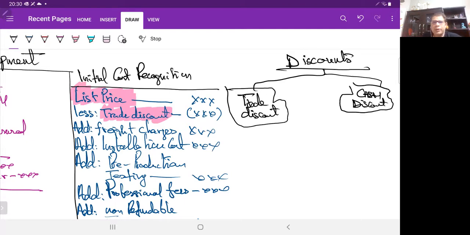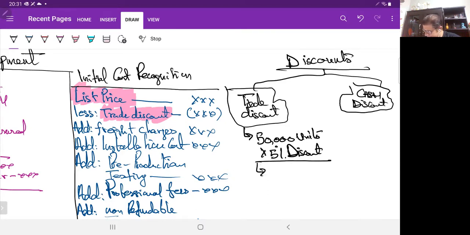Firstly, what is trade discount? Suppose you went to a supplier and he told you, folks, if you buy 50,000 units, I will give you 5% discount, and this discount can obviously be deducted directly from the cost of the units, or the cost of the products.